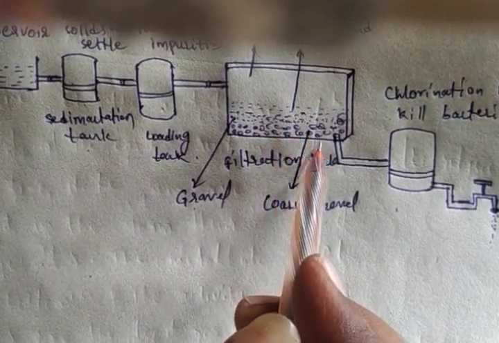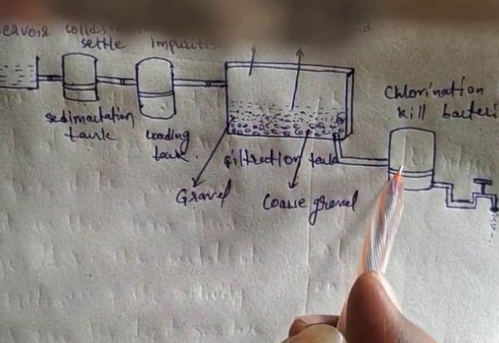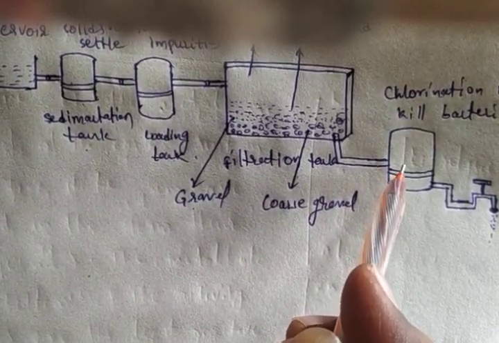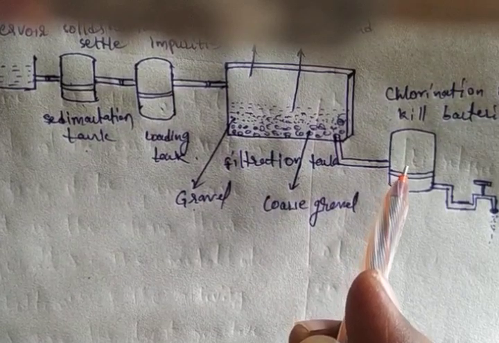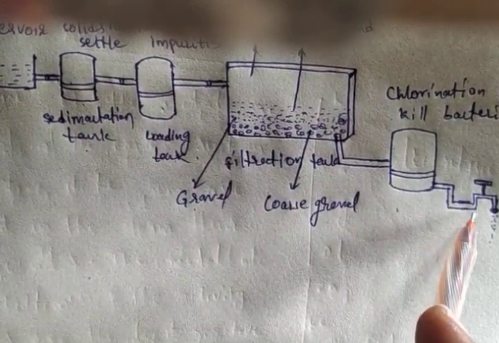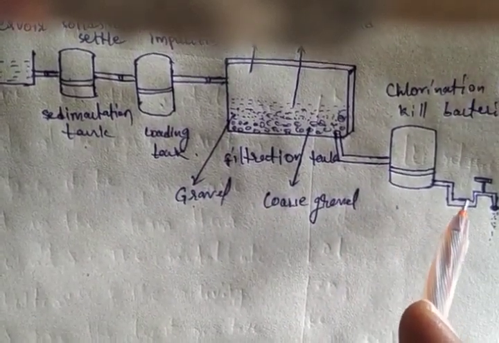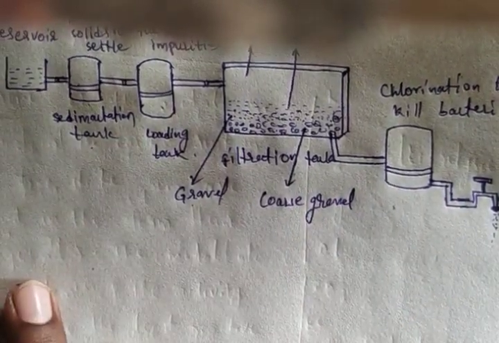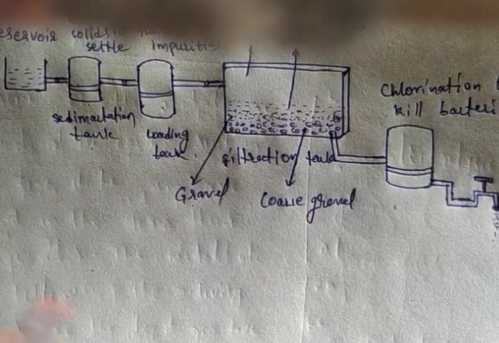After that, the water is allowed into the chlorination tank, where chlorine kills the bacteria. After that, pure drinking water is obtained at home. These are the processes of drinking water supplied from water works.